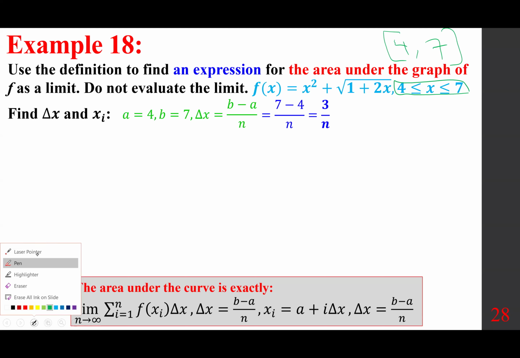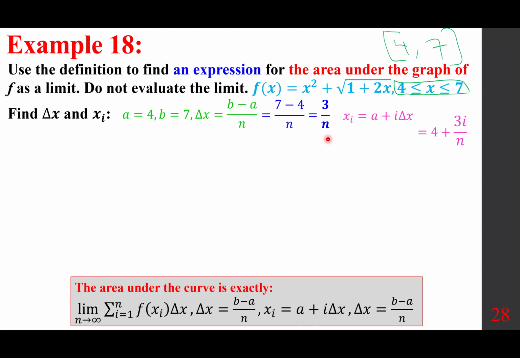Makes no difference. X sub i is a plus i delta x. So A is 4, i delta x is 3i over n. 4 plus 3i over n.